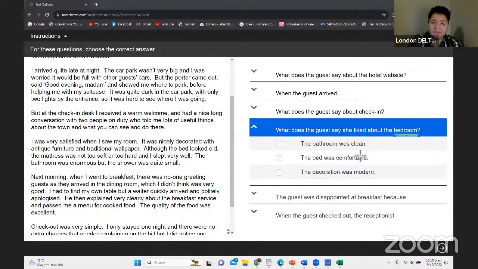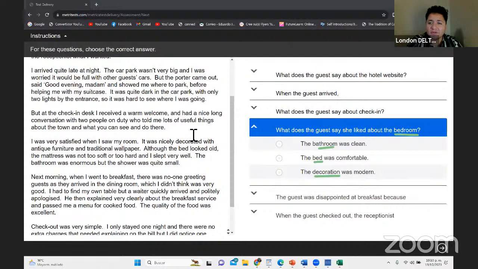Bathroom was clean. The keyword clean. Okay, or maybe bathroom, because they're talking about bathroom. Bedroom. Clean or not, we will see the bed and the decoration. Decoration. Okay, so they're going to talk about these 3 things.